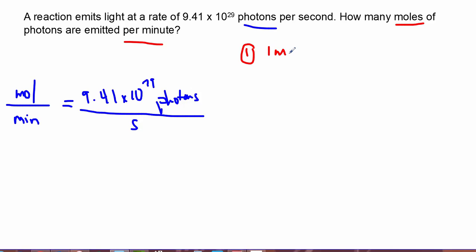So 1 mole of photons is equal to that many photons. That's the first conversion factor. The second conversion factor is converting from seconds to minutes, and we know that 1 minute is equal to 60 seconds.